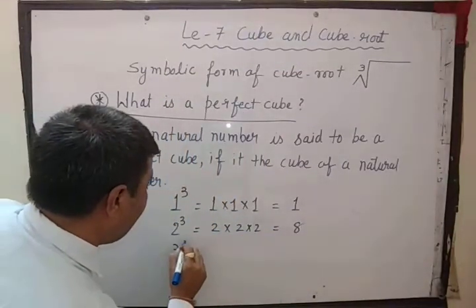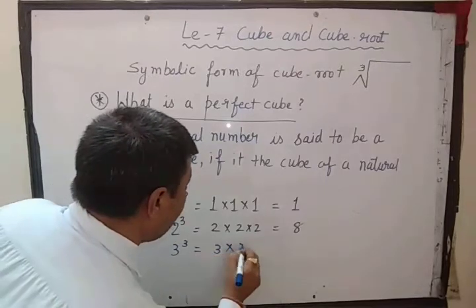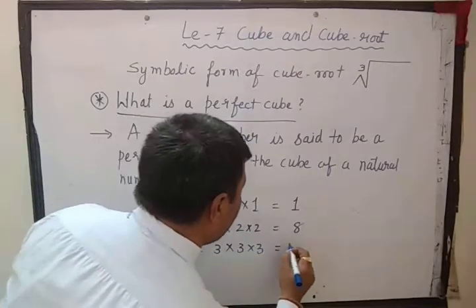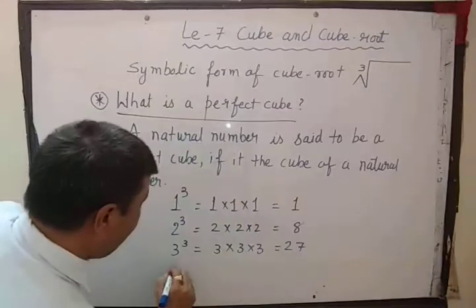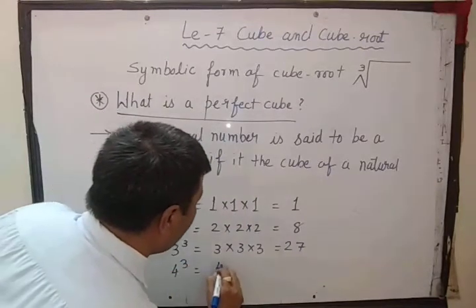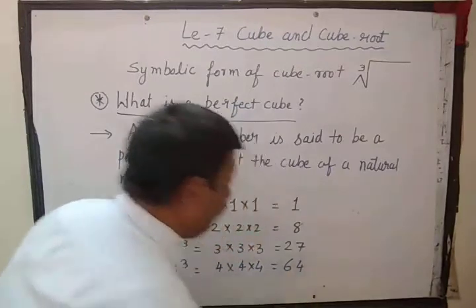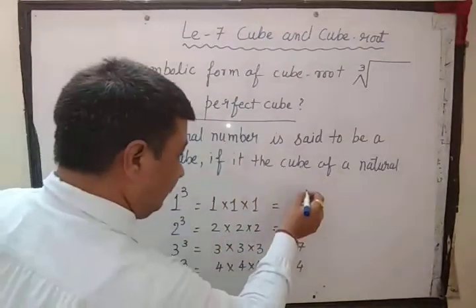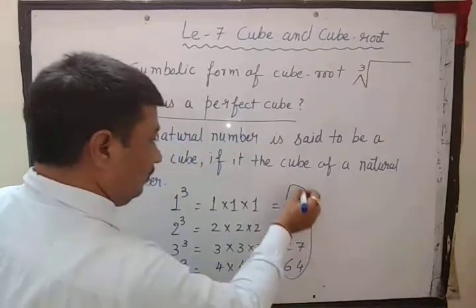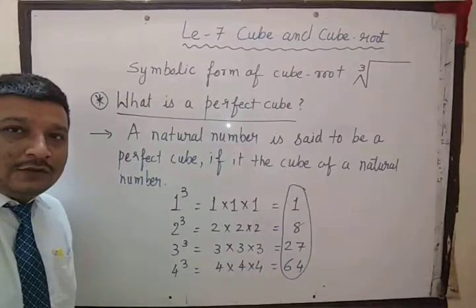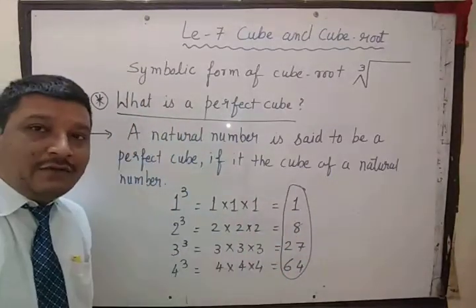If I take 3 cube, that is 3 into 3 into 3, it will be 27. If I take 4 cube, so 4 into 4 into 4, that will be 64. So these are the cubes, and how can I say it is a perfect cube?